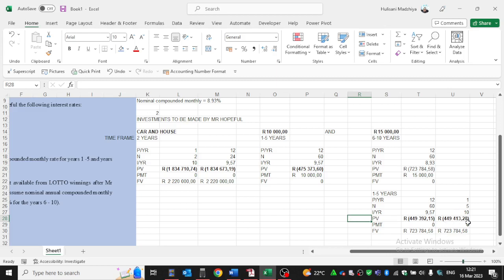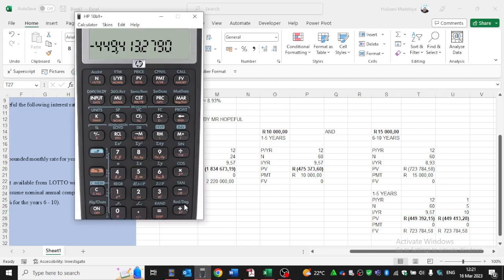Depending on which calculation method you perform, you will see that you get almost the same amount, but the difference is slight because in one we use the effective interest rate, and in the other we use the monthly rate, which has been rounded off to the nearest 2 decimals. So I just want to quickly show you the difference.